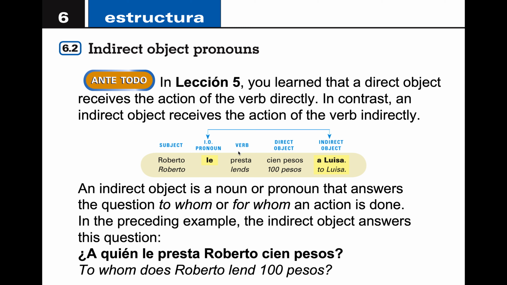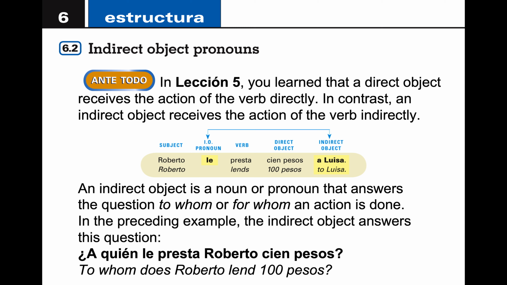So if I had a verb presta, my direct object would be lends what? 100 pesos. Then to whom would be a Luisa. So we're kind of breaking down and diagramming this sentence. An indirect object is a noun or pronoun that answers the question to whom or for whom the action is being done.